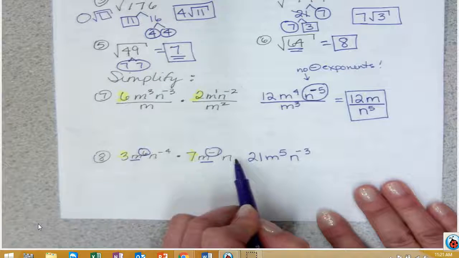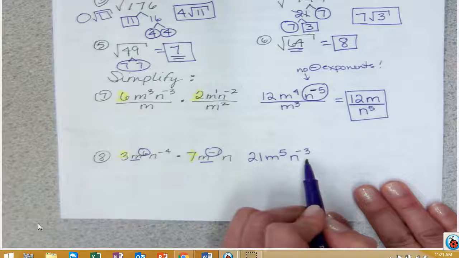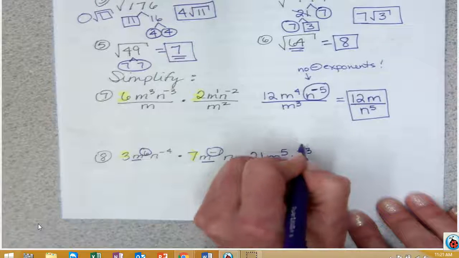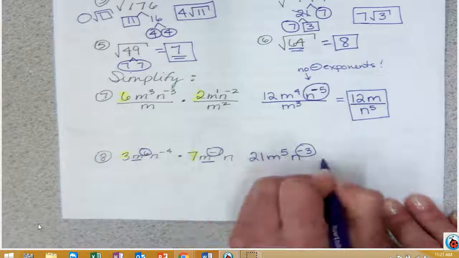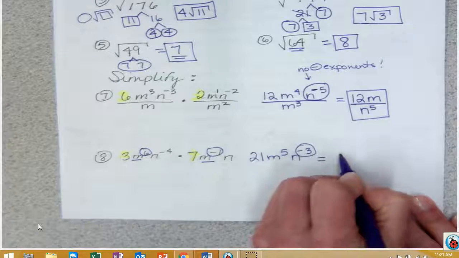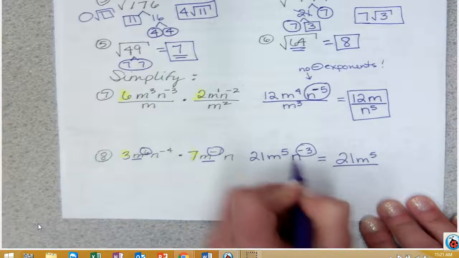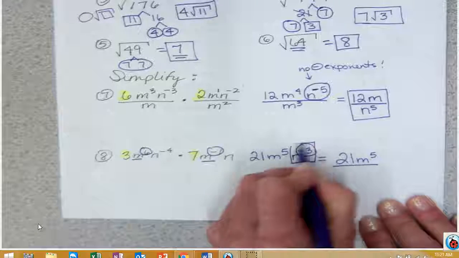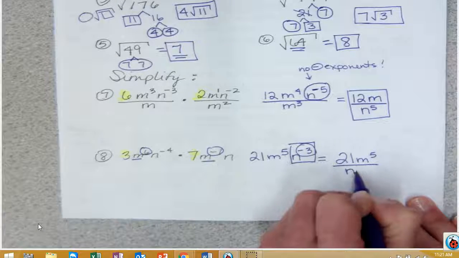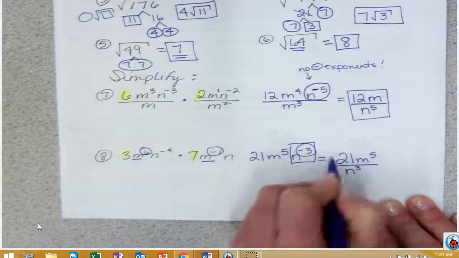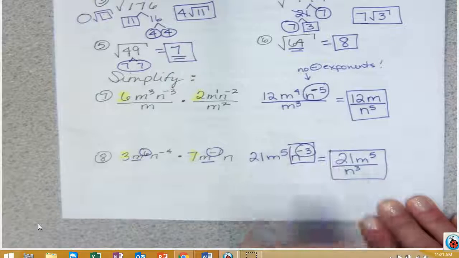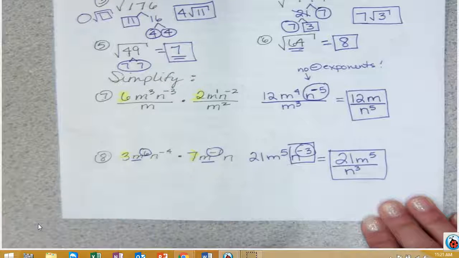Negative 4 plus positive 1 is negative 3. I cannot have a negative exponent. That goes into the denominator. So 21m to the 5th, just this term goes into the denominator and to the 3rd and becomes positive.